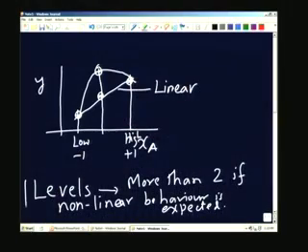So, the number of levels is something which is to be determined by looking at the behavior, whether it is linear or non-linear; it is going to tell us about the number of levels. These are some of the ideas which one must keep in mind before jumping into any experimental activity. Do some exploratory experiments, find out whether it is linear or non-linear, and what the factors are that need to be resolved.